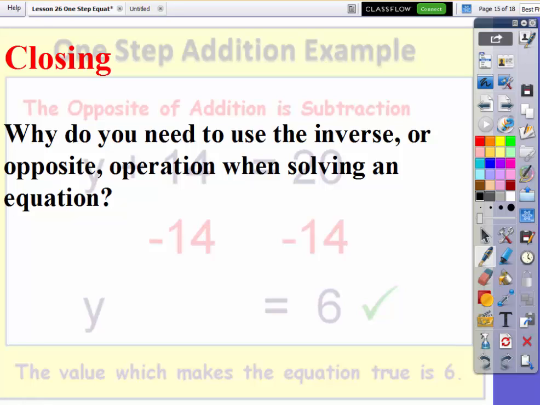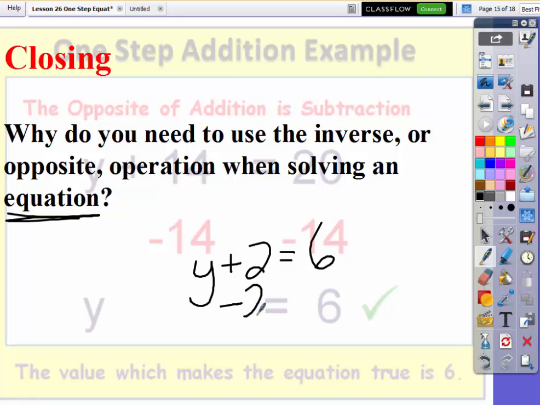So why do we need to use the inverse or opposite operation when we solve an equation? So I'm going to look for my keywords: equation. So it's going to be something with a variable that has a left side and a right side. Why do I need to do the inverse? Well, I do the inverse because I'm trying to isolate the variable.